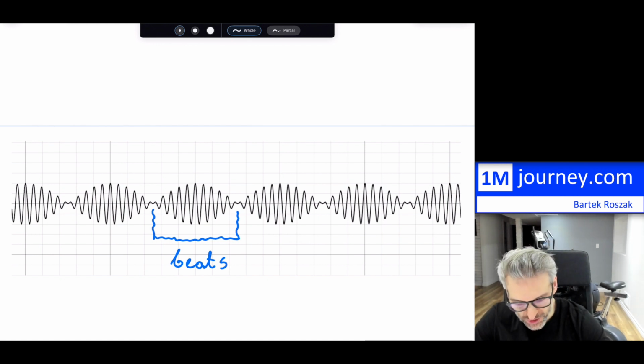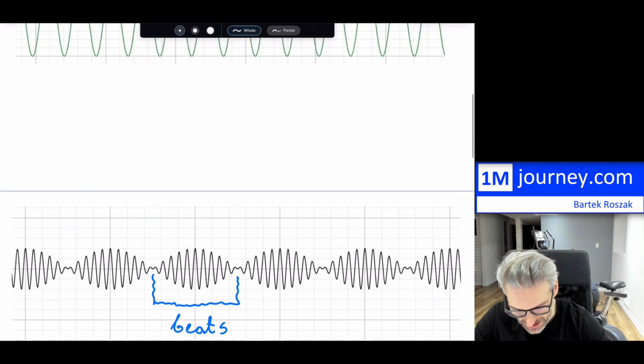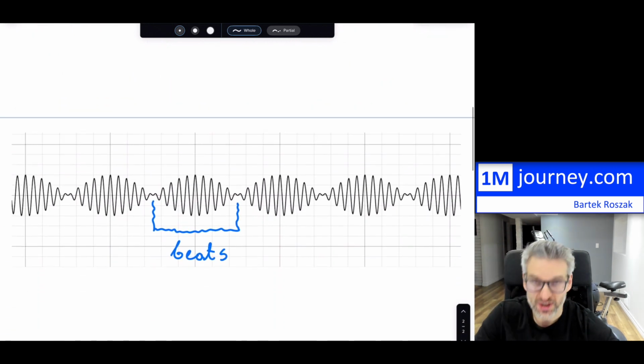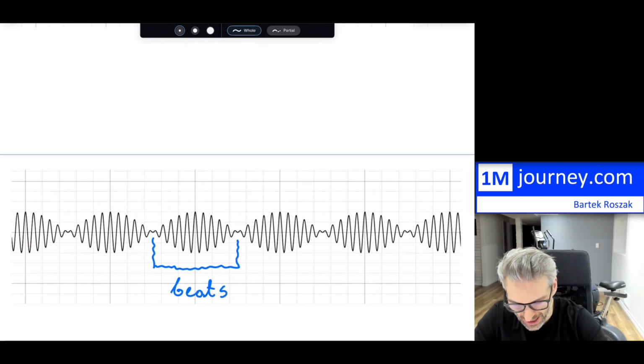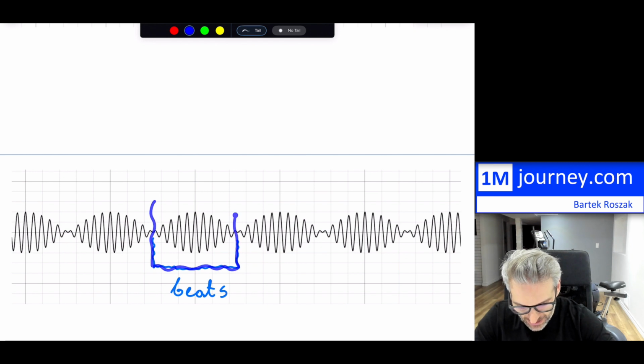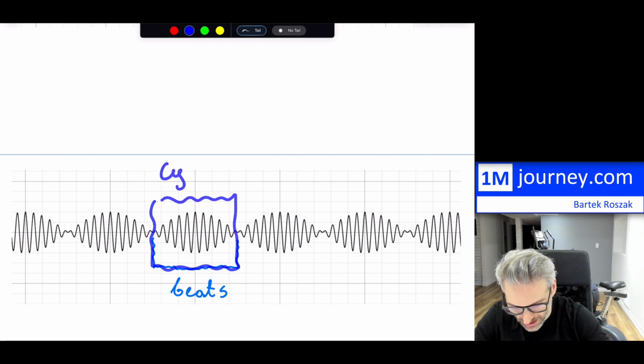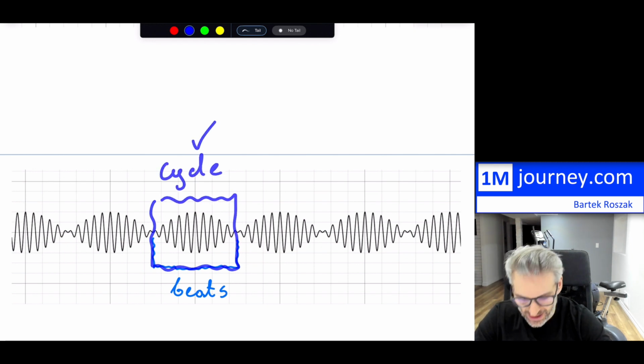Now, if you want to know what the beat frequency is, well, recall what frequency means. Frequency means how many cycles we have per second. And if we are looking for beats, then that means we can count these up. We can say, all right, this beat is equivalent to 1 cycle.